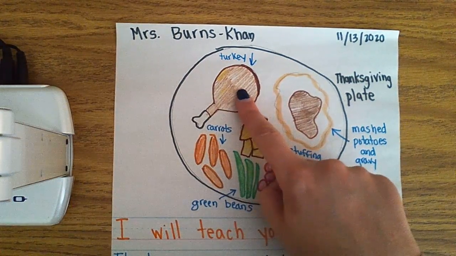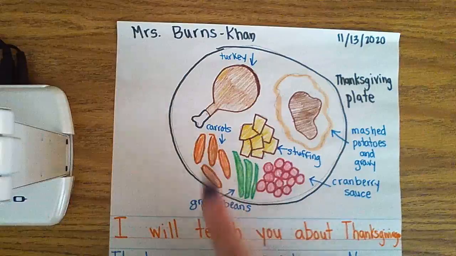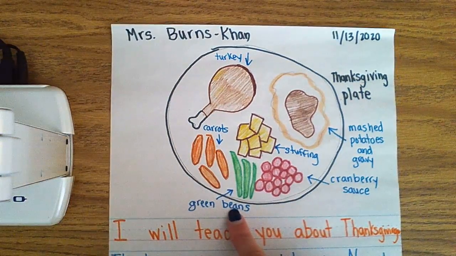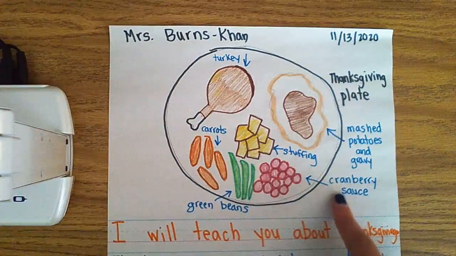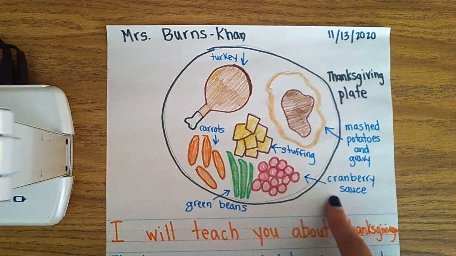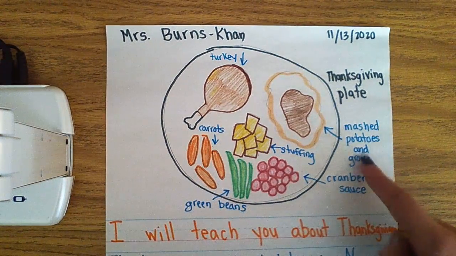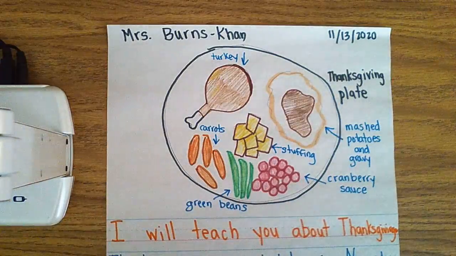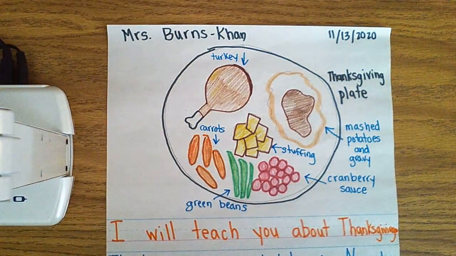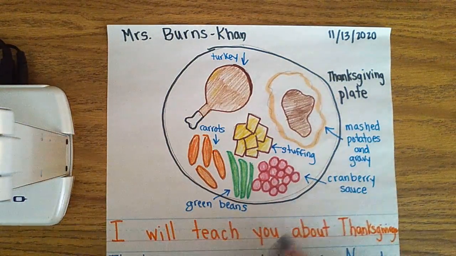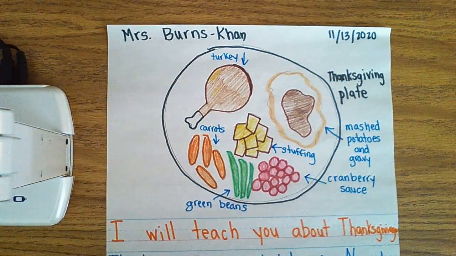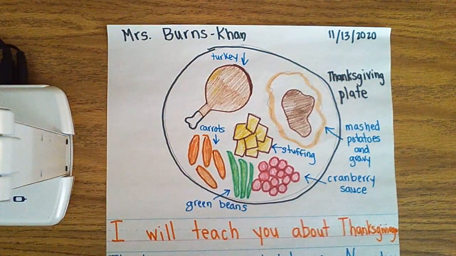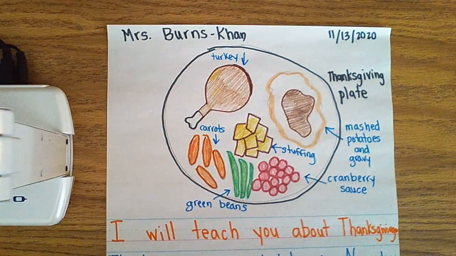We've got the turkey, we have carrots, green beans, the stuffing, or some people call it dressing, cranberry sauce, and then one of my personal favorites, the mashed potatoes and gravy. So already your readers would be able to look at your paper and know, oh, these must be some of the foods that people eat on Thanksgiving. But then I have to write more in my sentences to teach my reader even more.